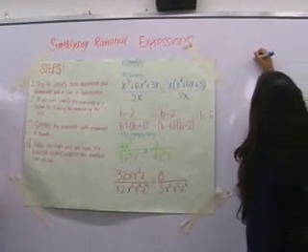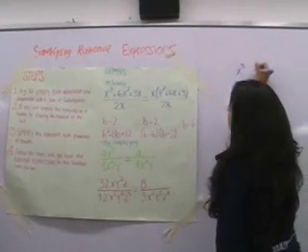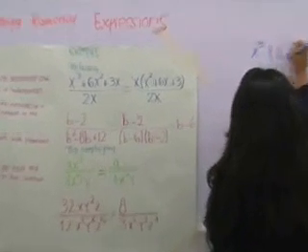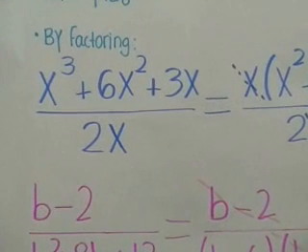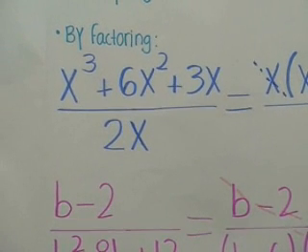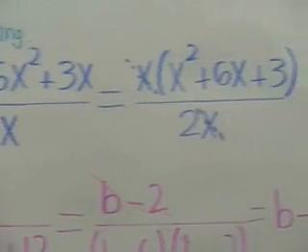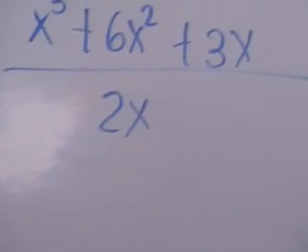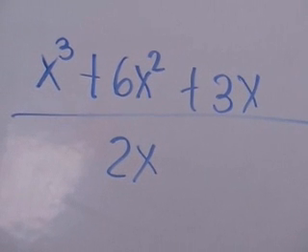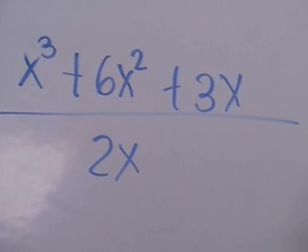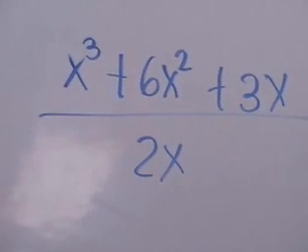Okay, so one example by simplifying by factoring. x cubed plus 6x squared plus 3x, over 2x. So here you can factor by greatest common factor. So first you put the factor between these ones, which is the x.